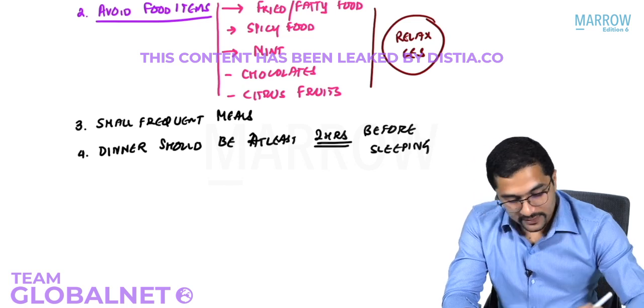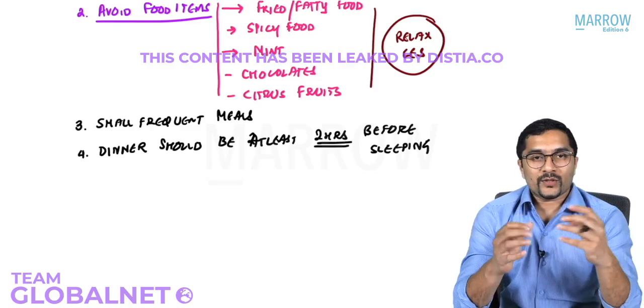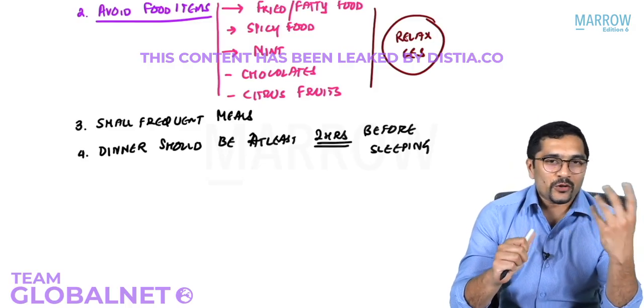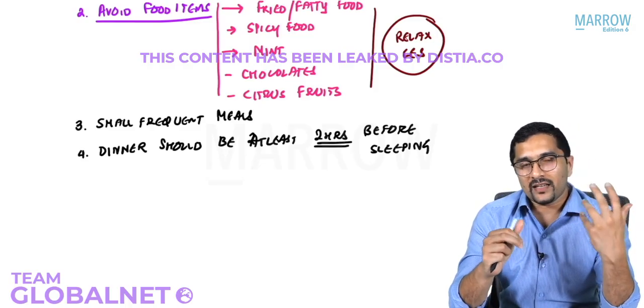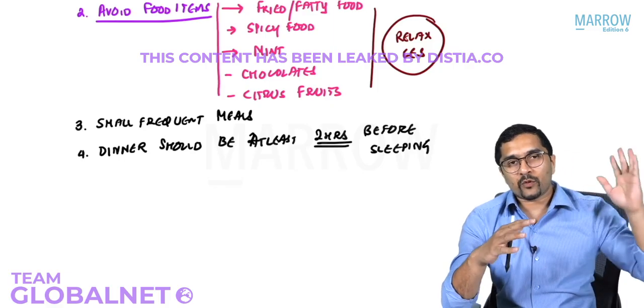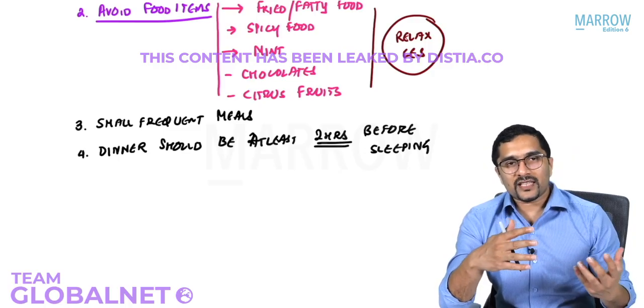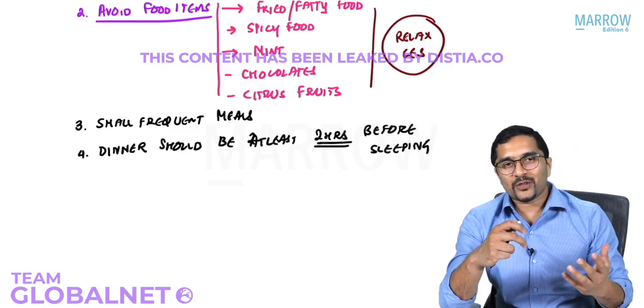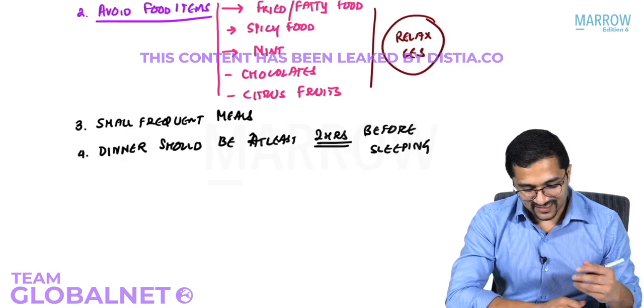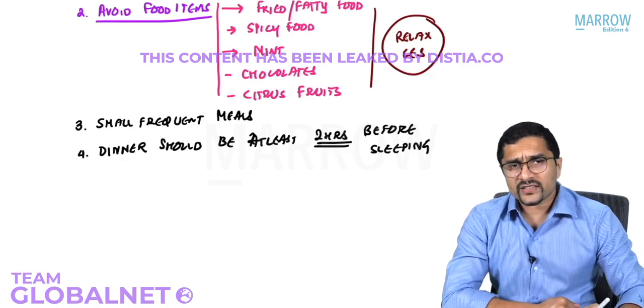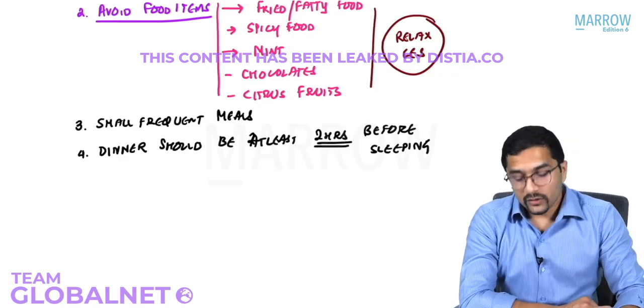And there is no role of putting more pillows. If you talk to your parents or your elderly people at your home, they will say just put more pillows and this GERD will stop. Well, adequate research has shown that no matter how many pillows you put, that is not going to prevent GERD. Okay. So these are the lifestyle changes which we recommend for these patients.